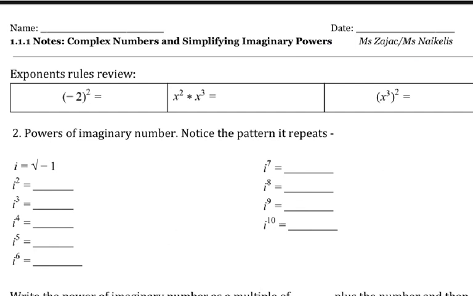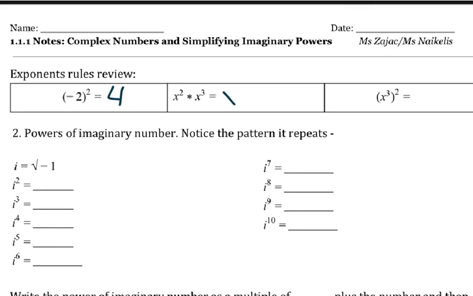Before moving on to simplifying imaginary numbers, let's review some basic exponent rules. When we raise a negative number to a power of 2, it means we multiply -2 by itself 2 times. So that would give us +4. The next rule is when we have the same base. In our example, the base is x, and we have x to the second power times x to the third power.